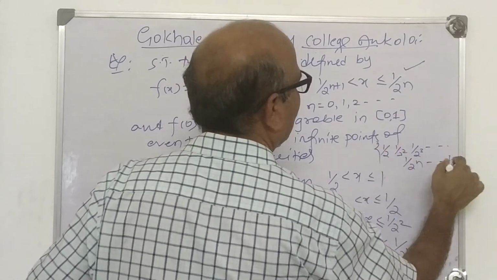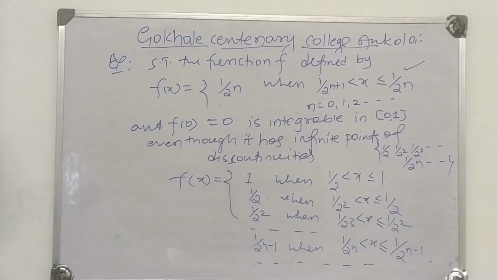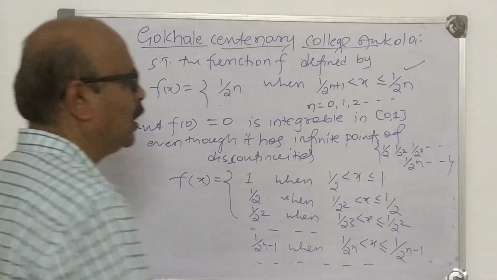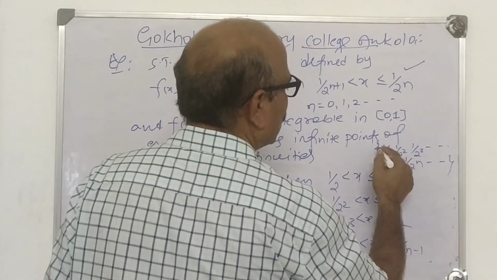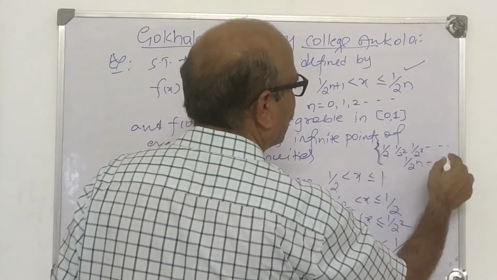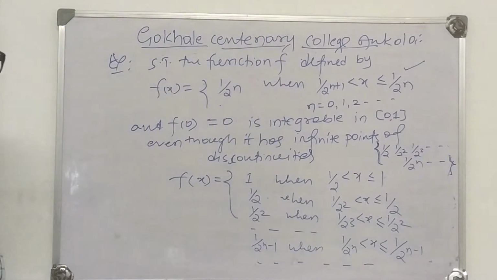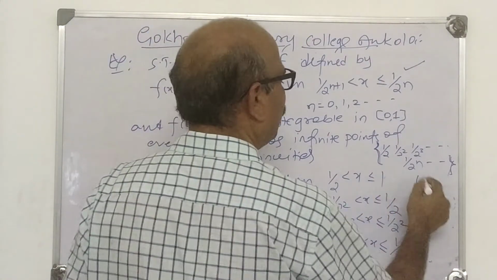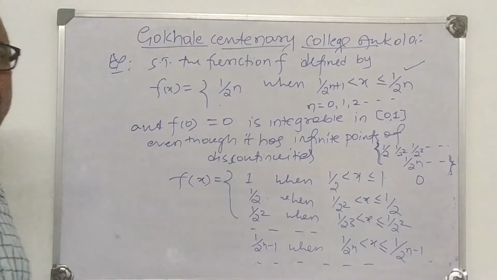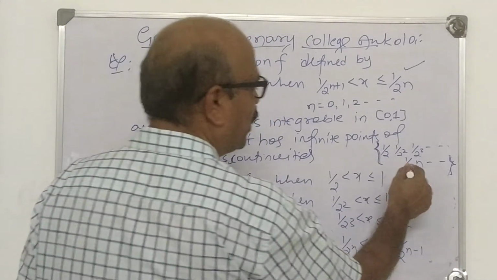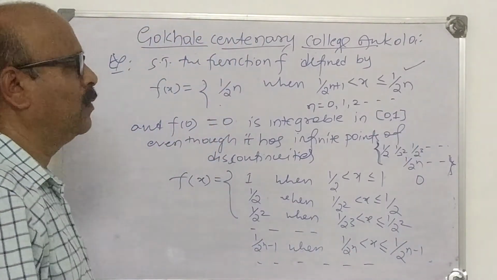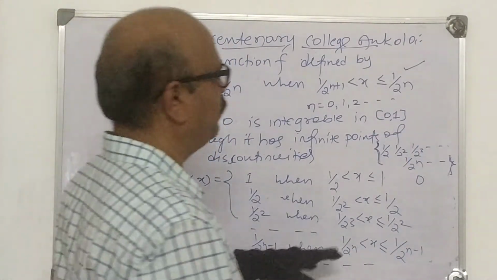These are the points of discontinuity. But this infinite set of discontinuities has only a finite number of limit points, namely 0 is the only limit point of this set.